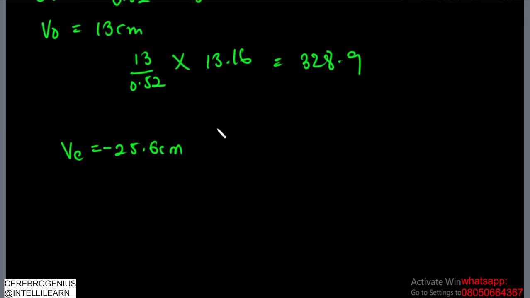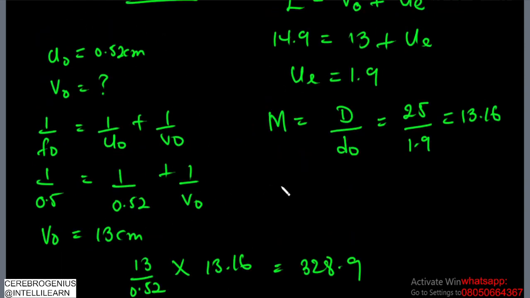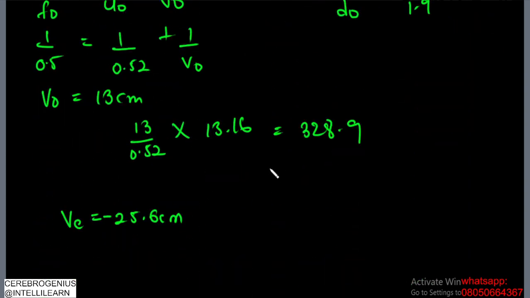Since we know the distance of the image, we can get its own magnification, right? Its magnification is D over focal length of eyepiece minus 1 over distance of image. We already have the distance of the image, but we need the magnification of the other one.